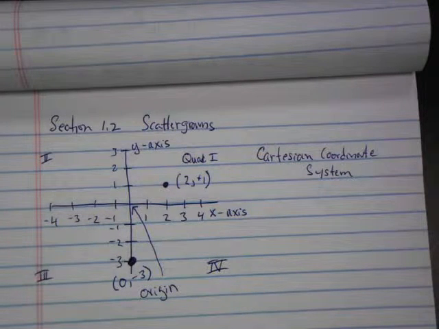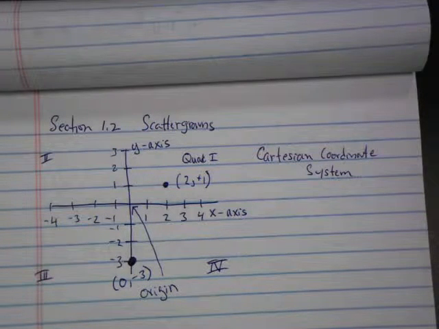How about if I asked you to graph the point negative 4, negative 2? Where would the point negative 4, negative 2 be? Which quadrant? Third. It's the third quadrant.